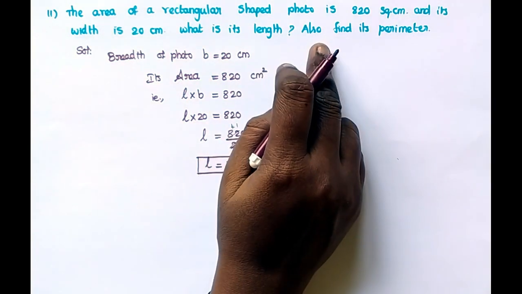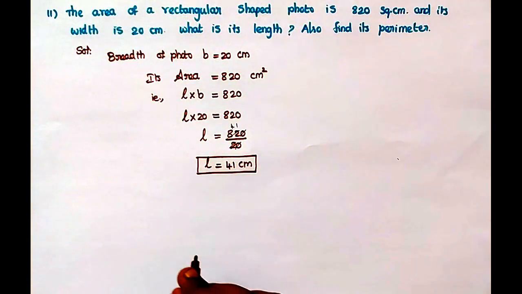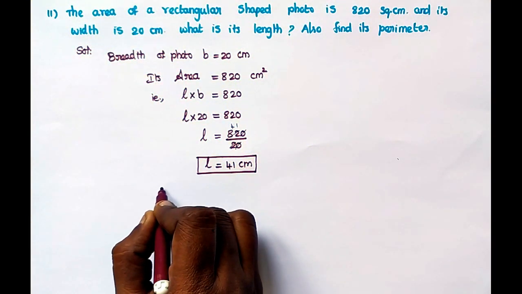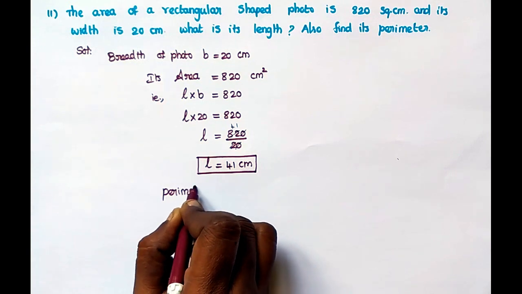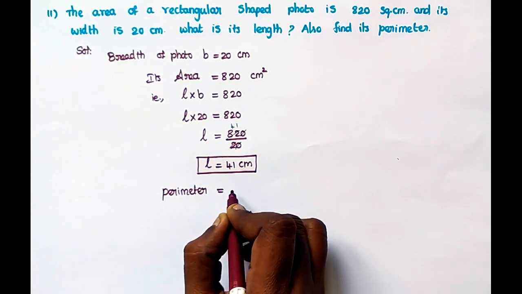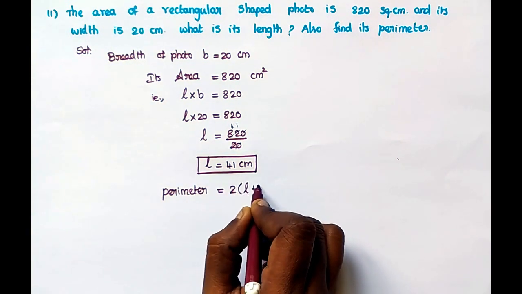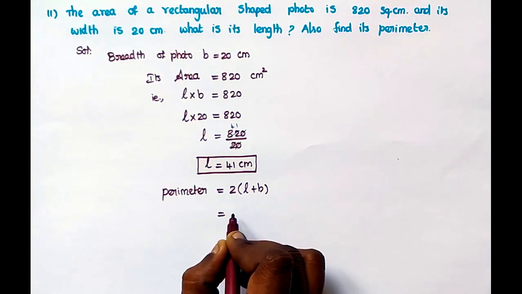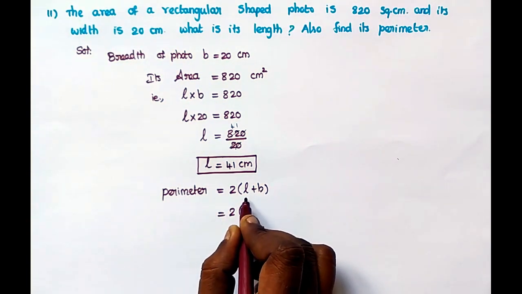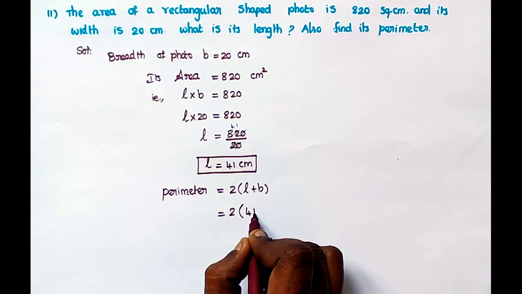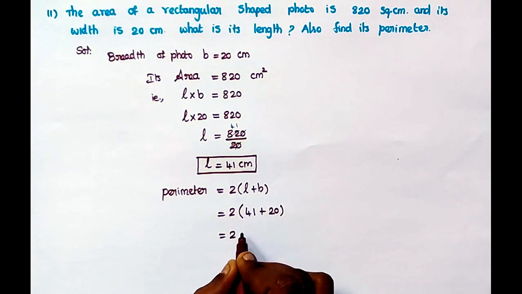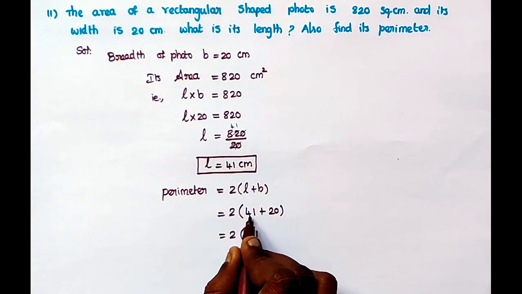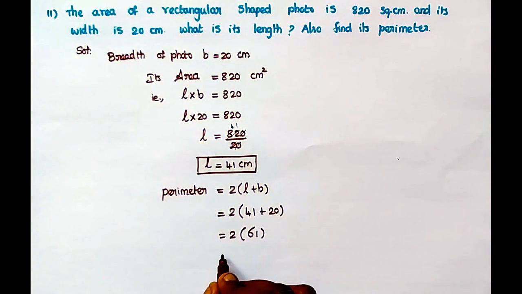Next, also find its perimeter. So perimeter is equal to 2 into L plus B. That is 2 into, what is L? That is 41 plus breadth is 20. So 2 into 61. 41 plus 20, 61.